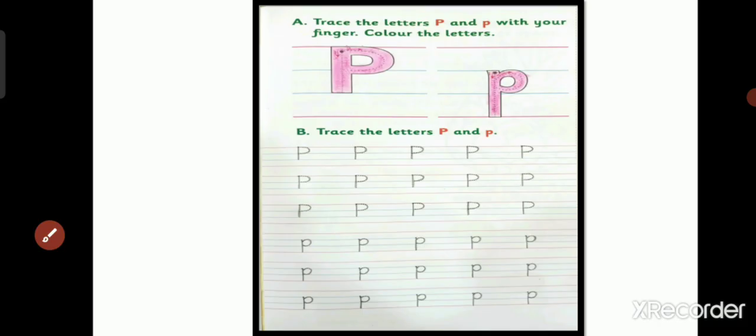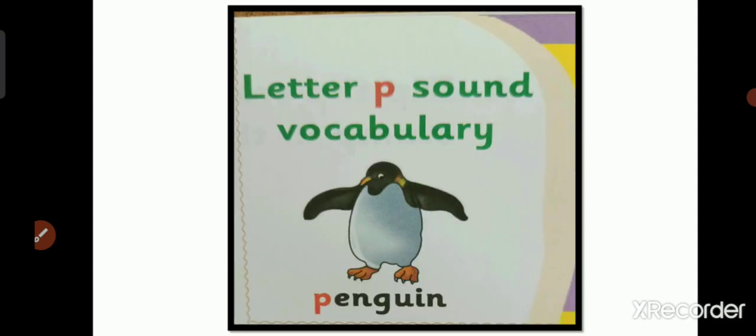One page will look like this. Now let's read letter P sound vocabulary.